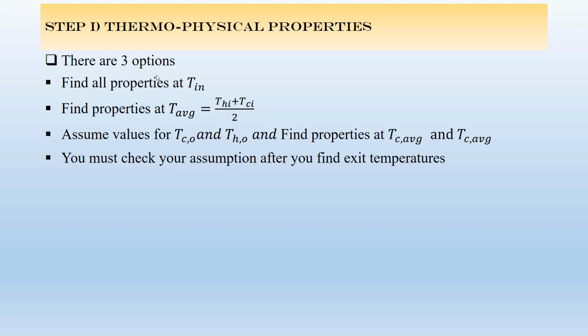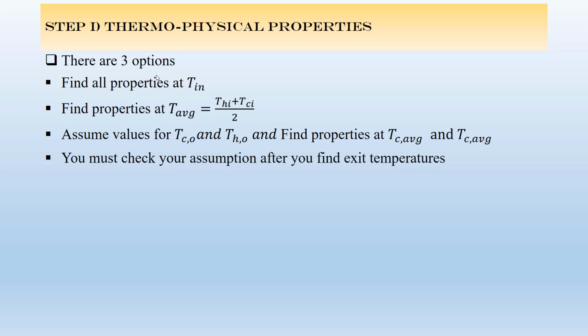So, in the last step, you need to compare the T average that you initially used to find the thermophysical properties, and the T average computed from the exit temperature that you found in the last step. If the difference between these two average temperatures is less than 100 centigrade, you are good. You don't need to repeat the process. Otherwise, you need to redesign the heat exchanger with the new T average values.